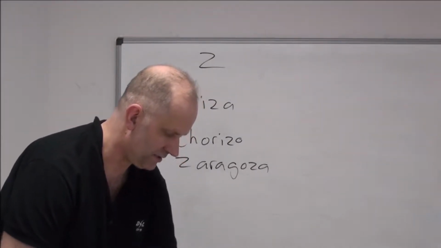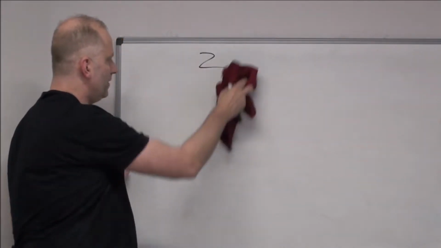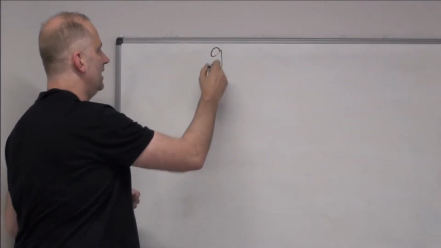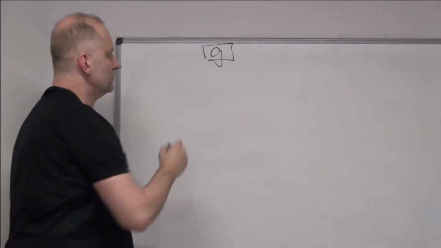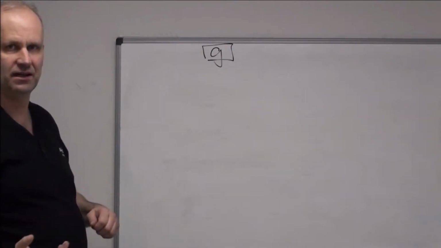The next letter where you have two distinct sounds is G. It's a G or an H sound. So when is it a G and when is it an H?